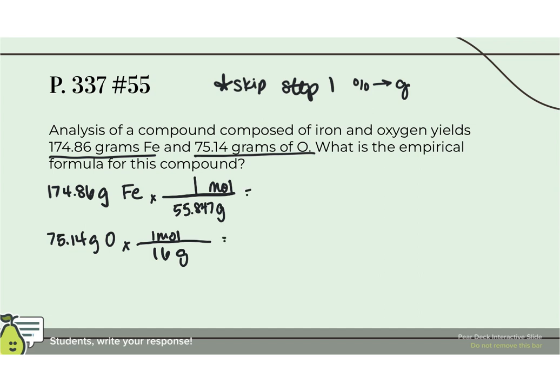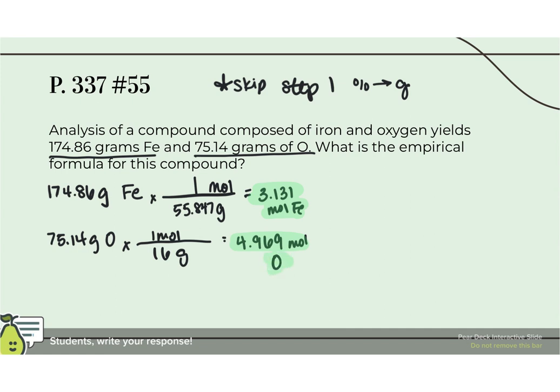So as the result of this step, I get that I have 3.131 moles of iron, and I have 4.969 moles of oxygen. Now these 2 values are what I'm going to use for my division step. That's step 3.